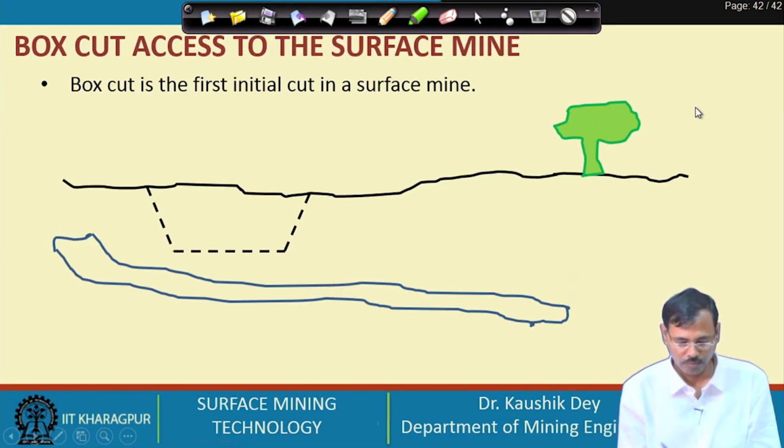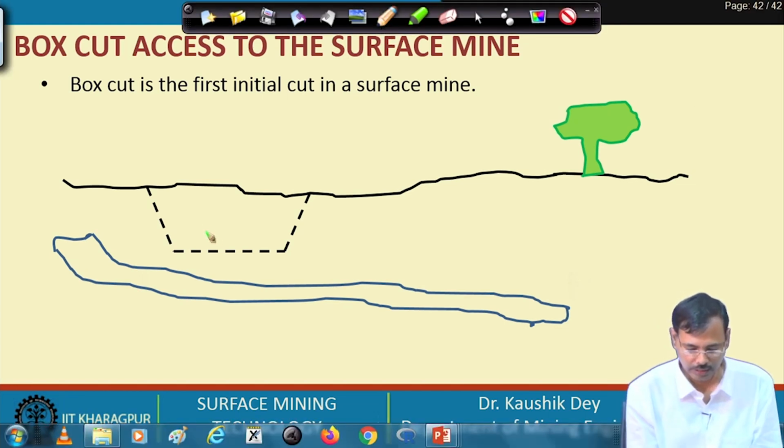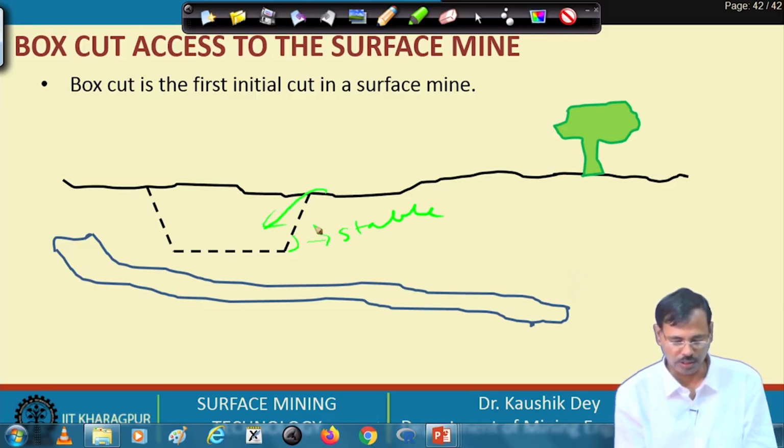So, you can see this is the first initial cut made. This angle is shown so that it can remain stable, it will not fall down at this position. So, this is the first excavation made in the in situ, and this is creating the box cut.